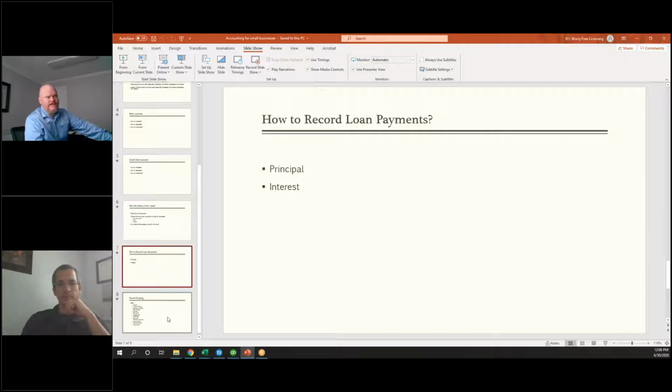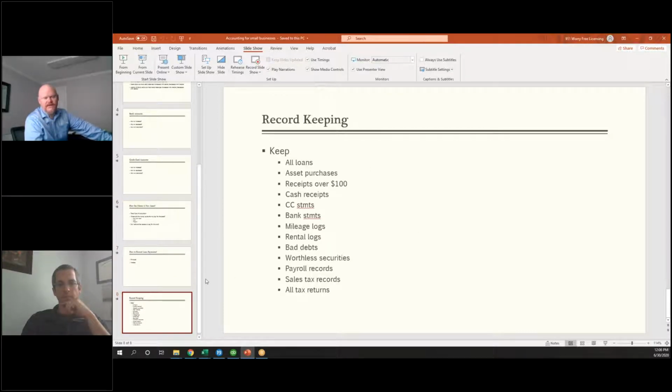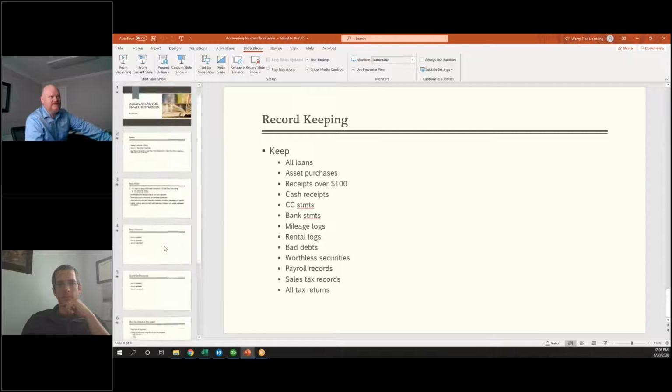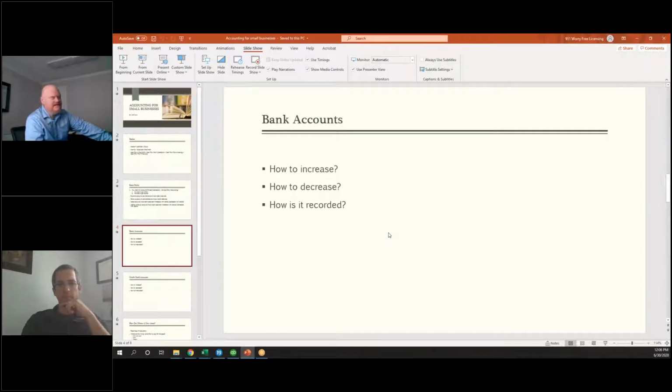How do I do a loan payment? And what do I need to keep for records? So I'm kind of giving you a preview, but that's what we're going to cover really quick. I'm going to go over those things. Please chime in and stop me if you have a question, or if there is something else that you would like to cover during this, because I can stretch it out or make it as short as possible.